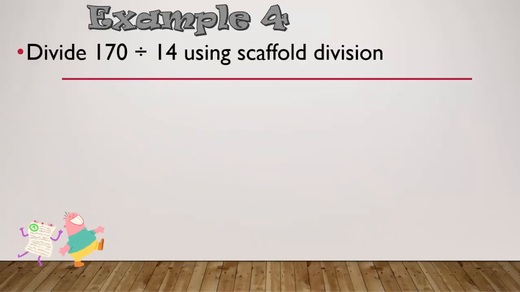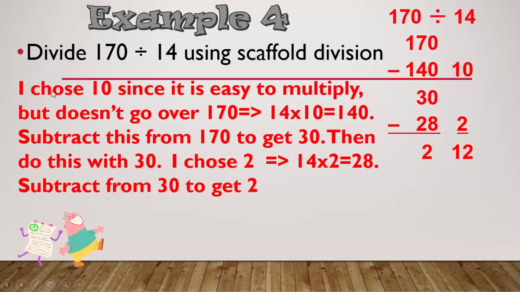In example number 4, we're going to divide 170 divided by 14 using scaffold division. I choose 10 since it is easy to multiply but doesn't go over 170. This implies 14 times 10 is equal to 140. And I put the 10 here, and here's my 140. I subtract the 140 from my 170 to get 30.